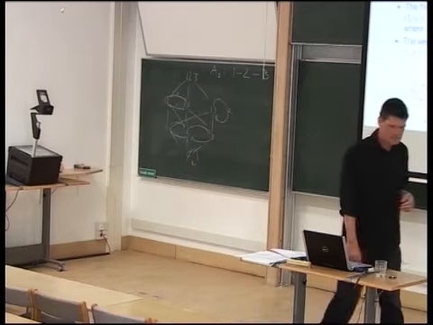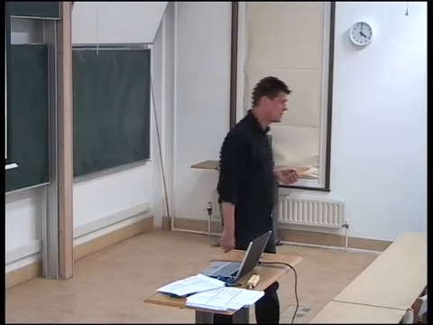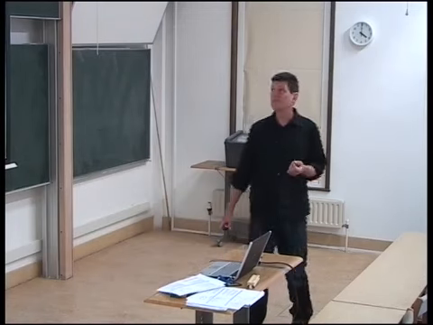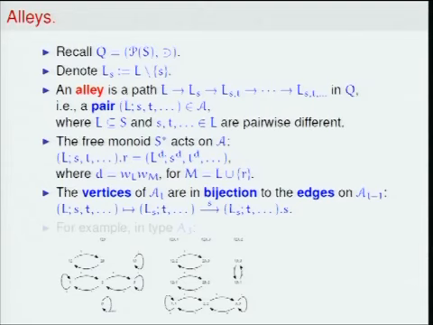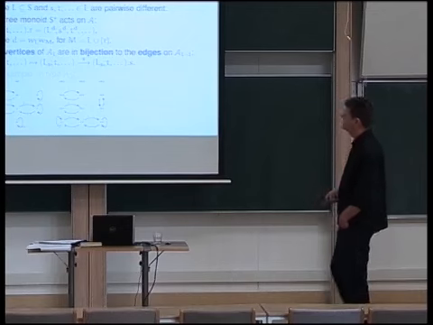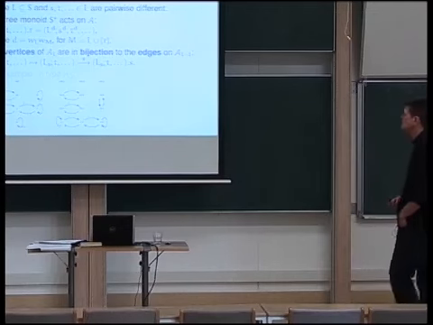And then one can observe that in the action graph on the set of all paths, the vertices of the L grade, that's paths of length L, are in bijection to edges of the action graph on paths of length L minus 1.